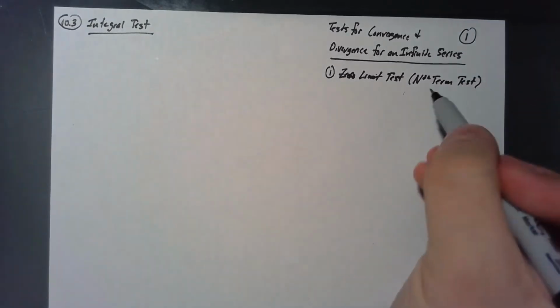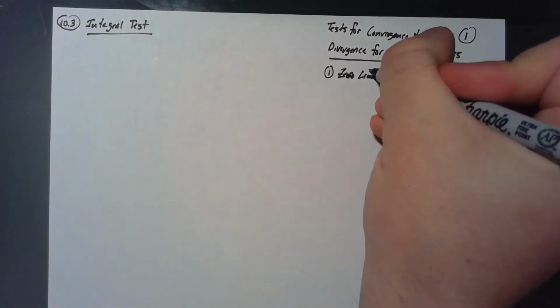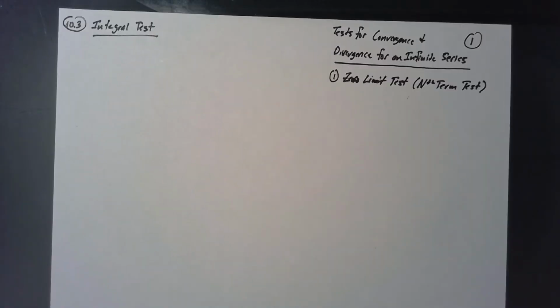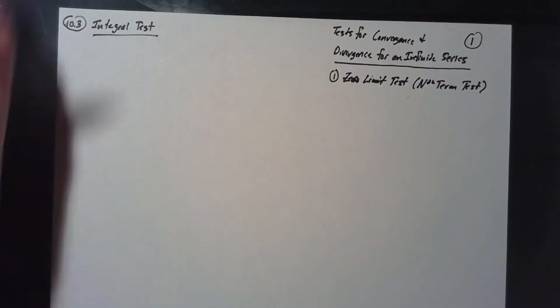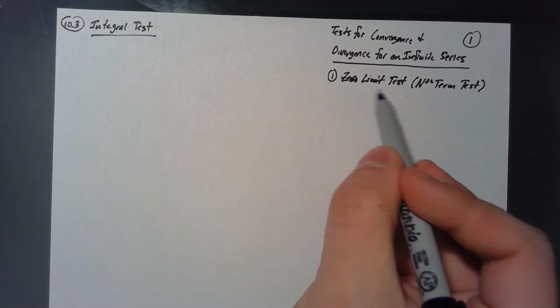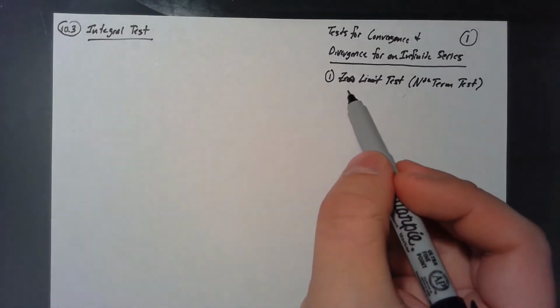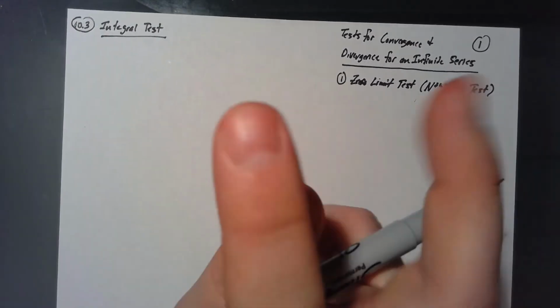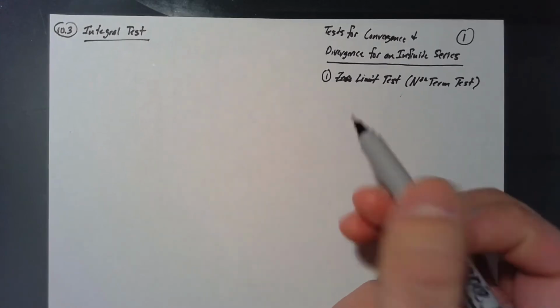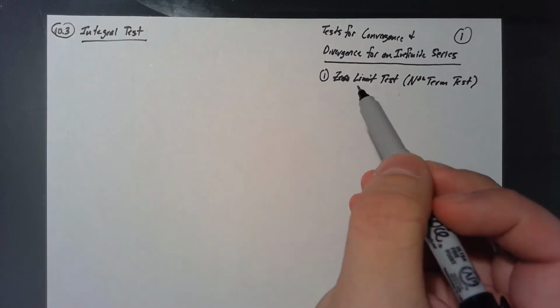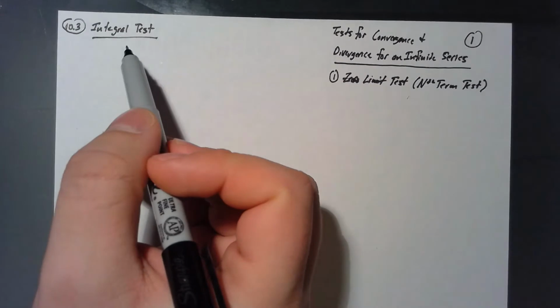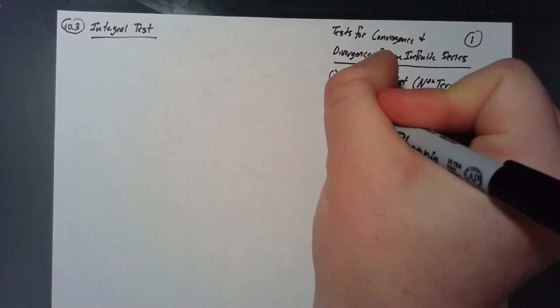Your textbook calls it the nth term test, but I call it the zero limit test. And if you look back at the video on how to use the zero limit test, that was the first test for convergence of an infinite series. But the integral test is the next big one we're going to look at.